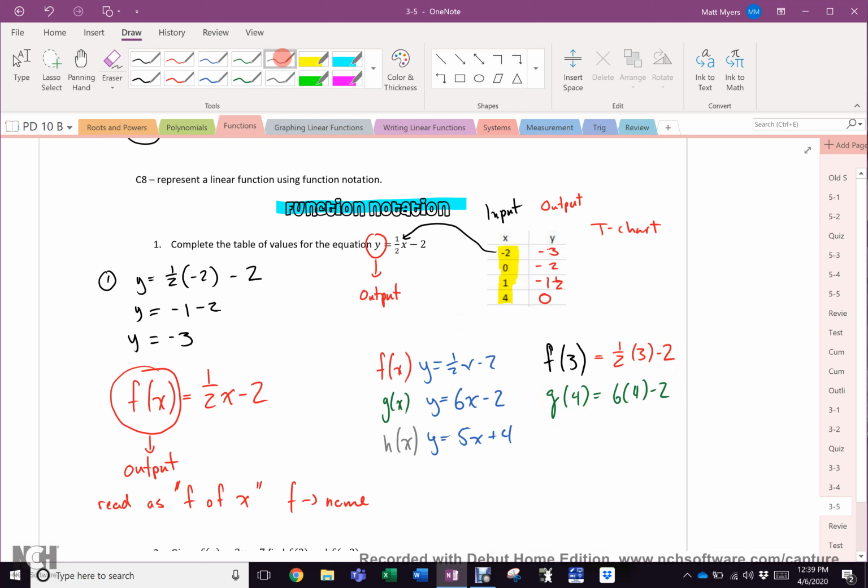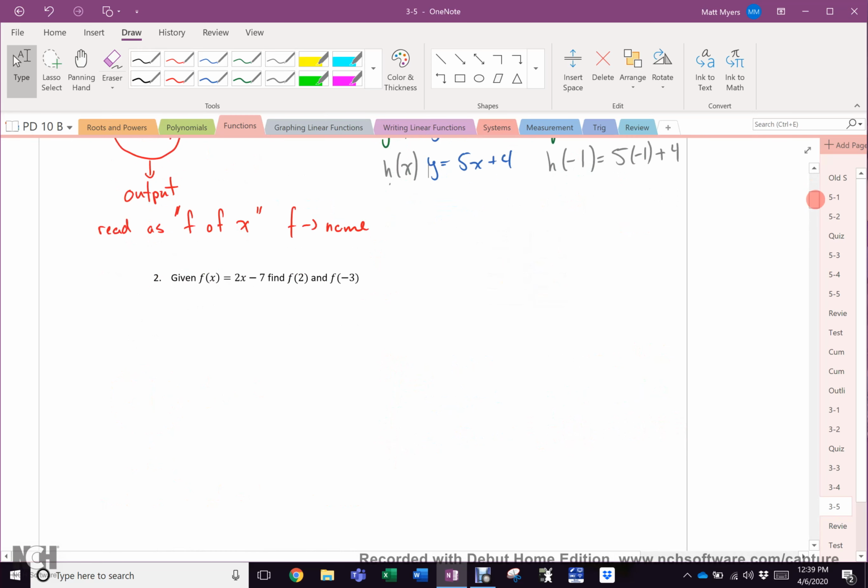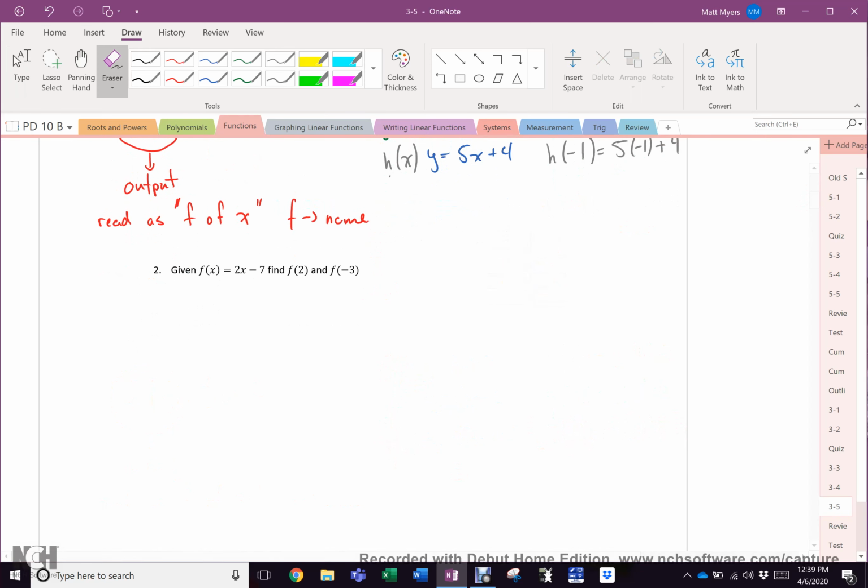And then if I wanted the h of negative 1, it would be 5 times negative 1 plus 4. The h tells you where to put it. This value tells you it goes everywhere you see x.